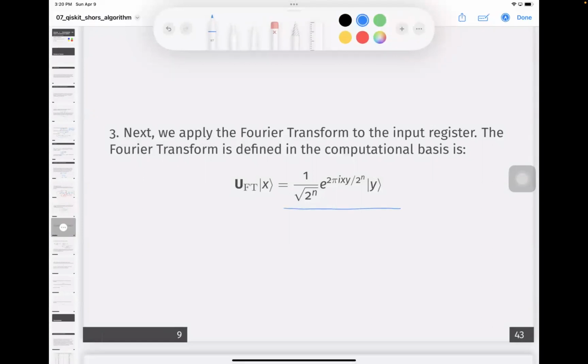So given an x, a basis vector, one of those numbers in the input register, if you apply the Fourier transform, it will give you this formula. So this will become 1 over square root of 2 to the n multiplied by e raised to the 2 pi i xy over 2 to the n, where x corresponds to this and y corresponds to this.